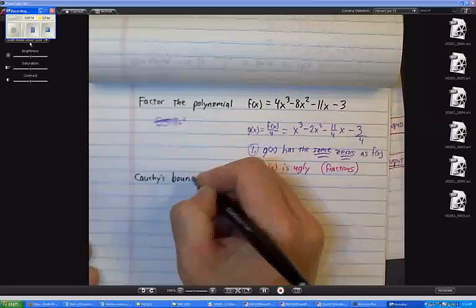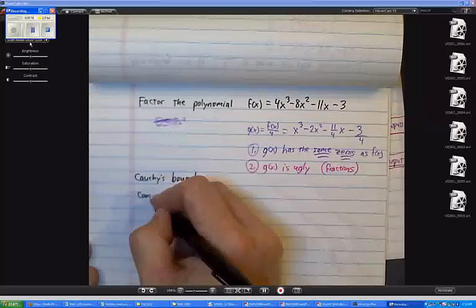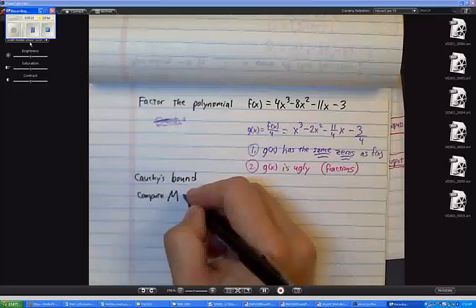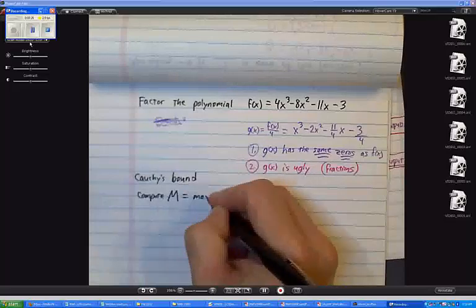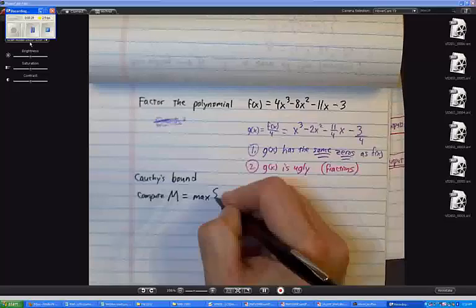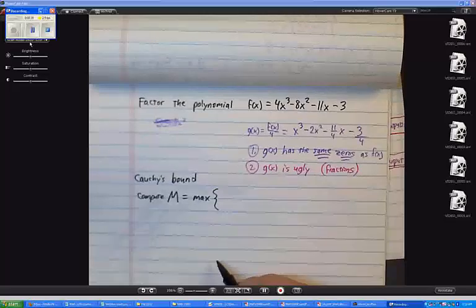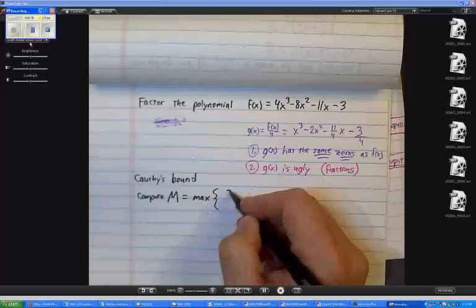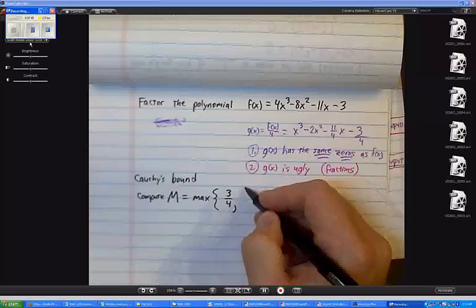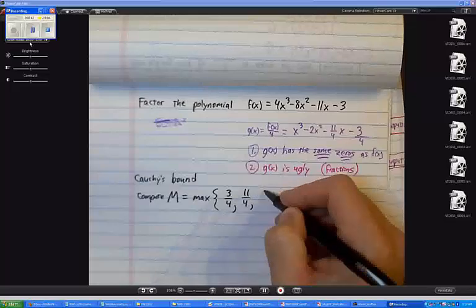you do this. We compute a number that the book calls capital M. M is the maximum of the following numbers. Let's see if you follow what I'm doing here. 3/4, 11/4, 2/4.